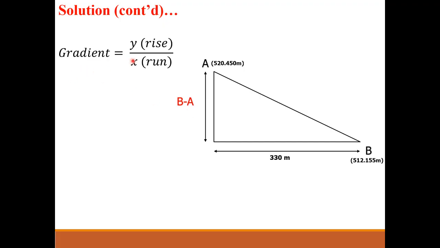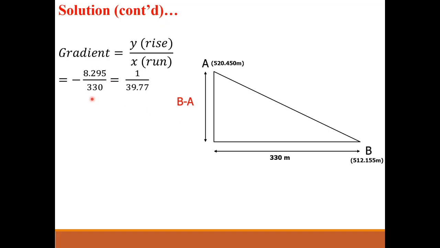Simply, we can say that gradient is equal to y over x, or rise over run, vertical value over horizontal value. So by entering the values, we get 8.295, which is equal to B minus A. Just taking the difference between the elevation of A and B, we get the value of minus 8.295.